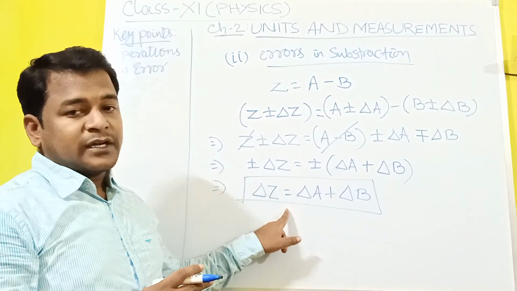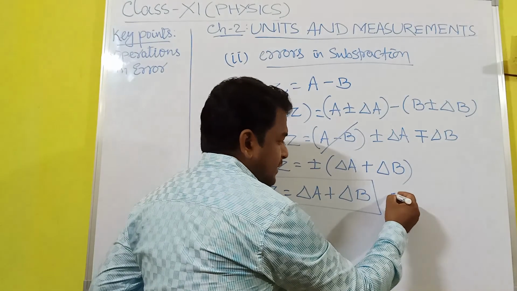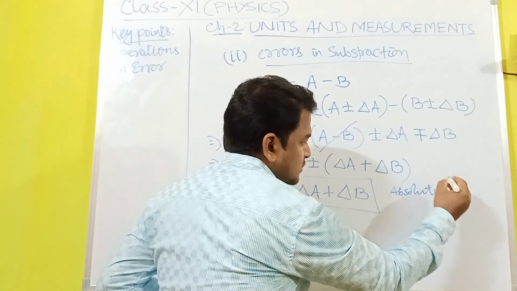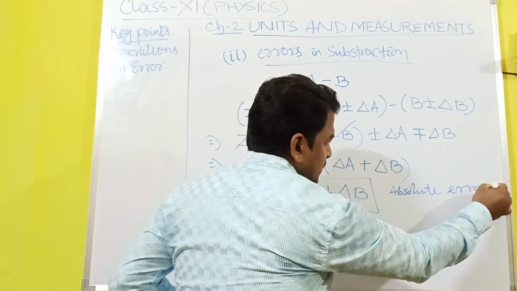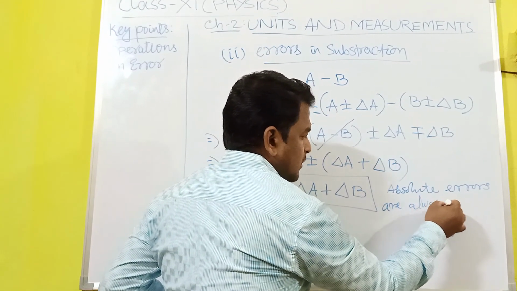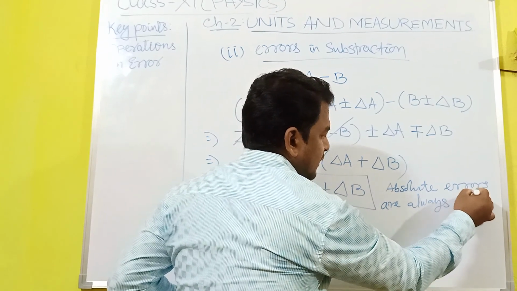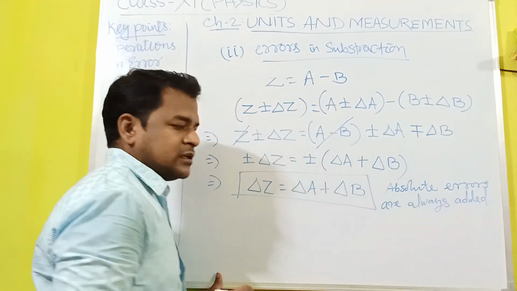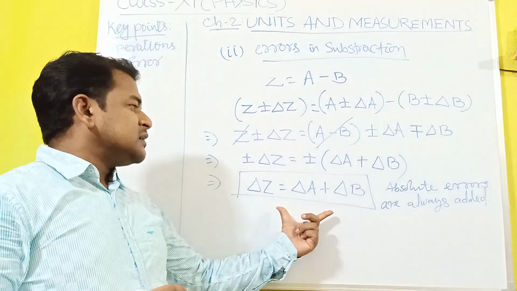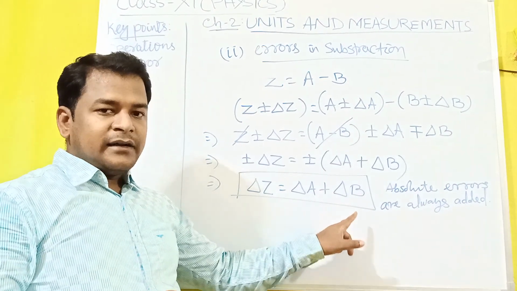So from this result we conclude that the errors are always added. Which errors? Absolute errors. So we will write: absolute errors are always added. Yes or no? Look, for minus also the absolute errors are added.